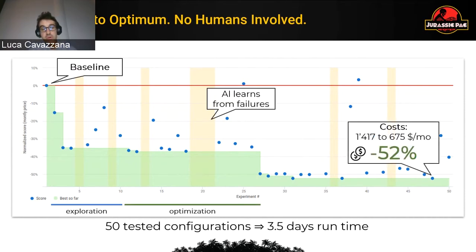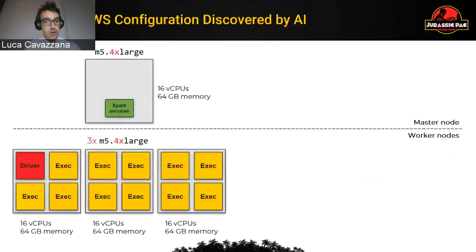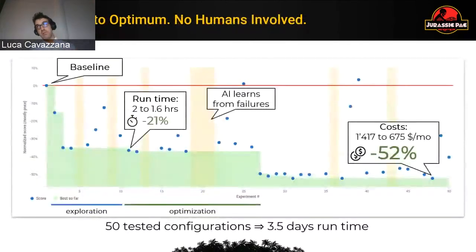So we let it optimize even further, achieving a final reduction in the cost of the cluster of 52%. Okay, next. Among the honorable mentions, we were also able to reduce execution time for some applications by 20%.